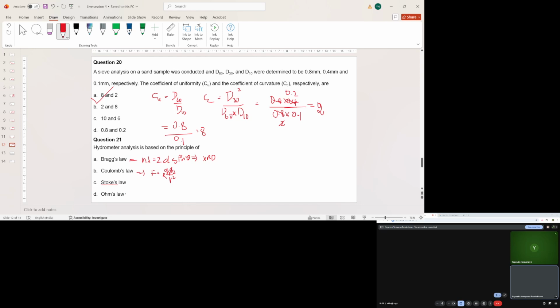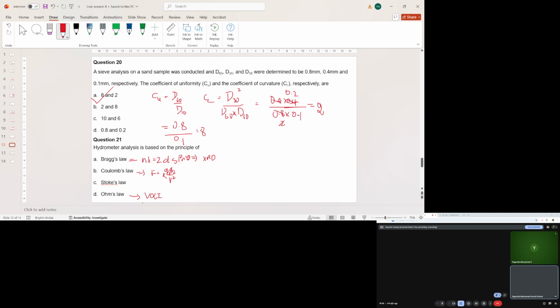Alright, electrostatic. Ohm's law is V is directly proportional to current, V is equal to IR, V by I is equal to R.